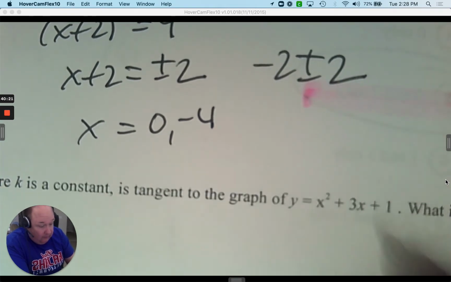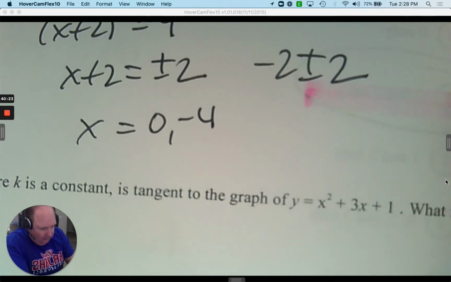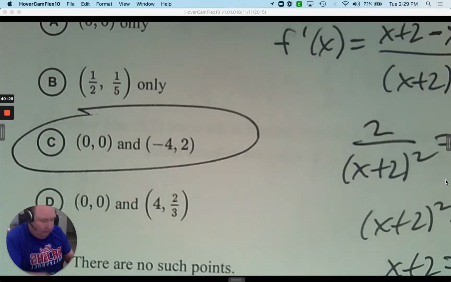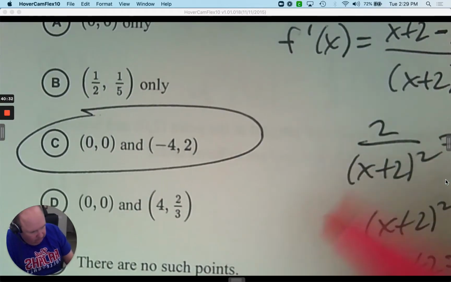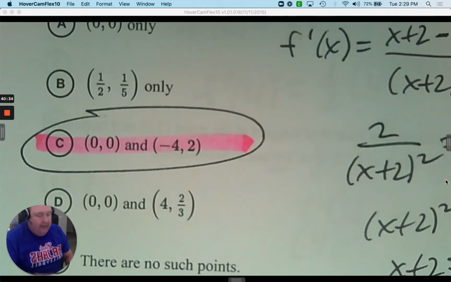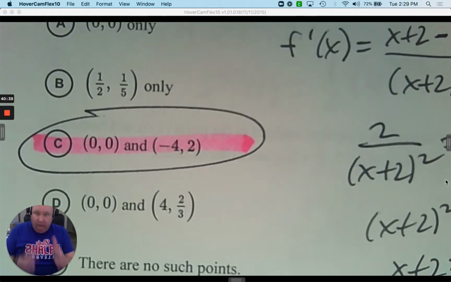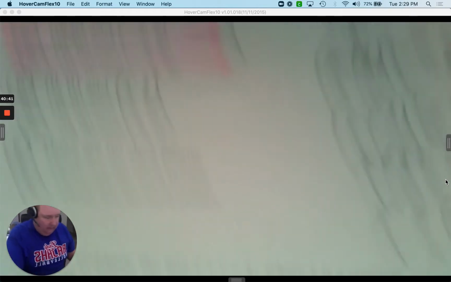So I see the points 0 and negative 4. The only option that has 0 and negative 4 is there. And I'm not even worried about the y values, because those are the only ones that show the x value 0 and the x value negative 4.